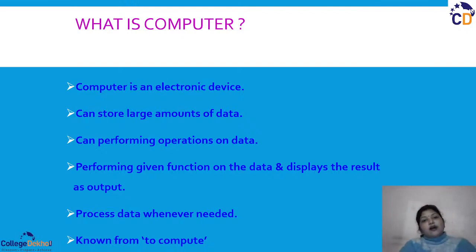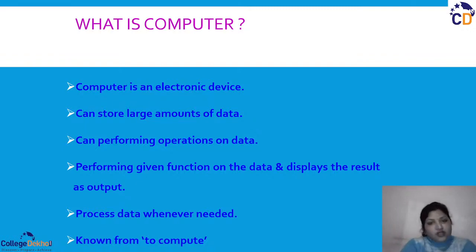It can store large amount of data. Whenever you went to some marriage and you have clicked some pictures, now you need to save those images of that marriage on your system. So you have to have some amount of memory also, some amount of data also. So data is always there, information is always there.